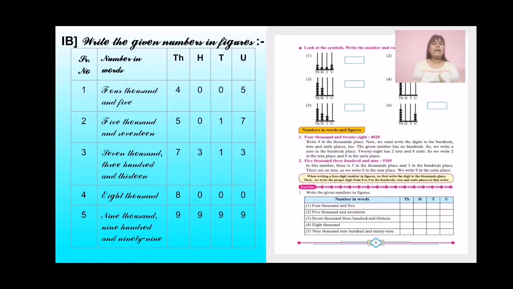Second exercise, write the given numbers in figures. That means they have given numbers in words. You have to write them in figures. Figures, I had explained, means numbers only. So you will draw this box.